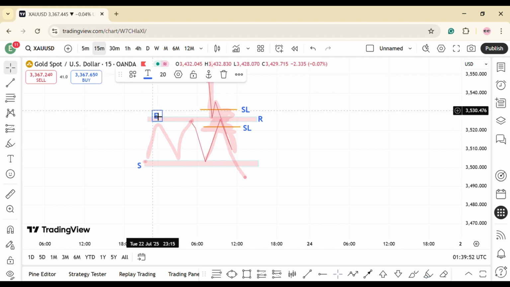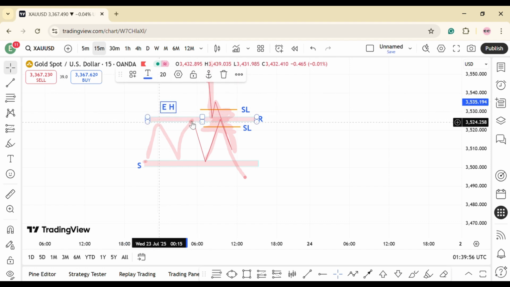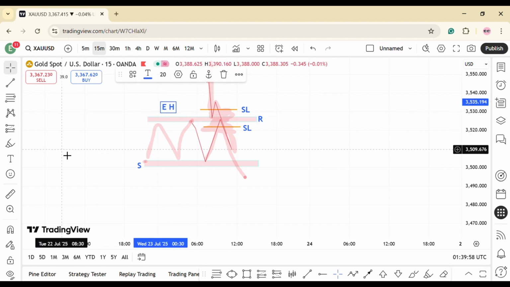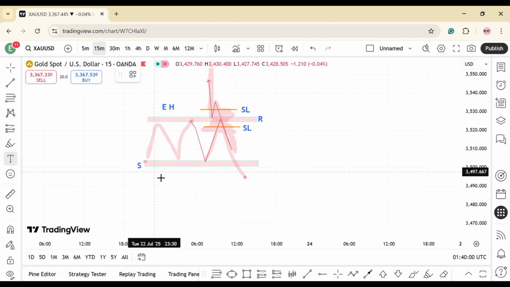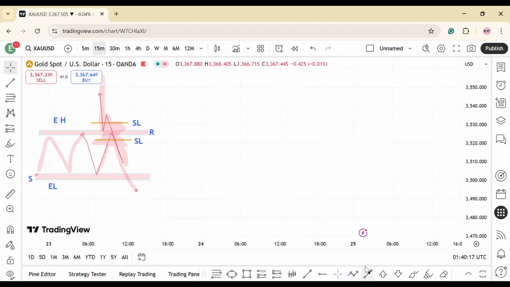Anywhere you see two equal highs, that tells you that place automatically becomes liquidity. Market might just come take that liquidity and then do whatever it wants to do. And anywhere you see equal lows, know that that place is now liquidity.